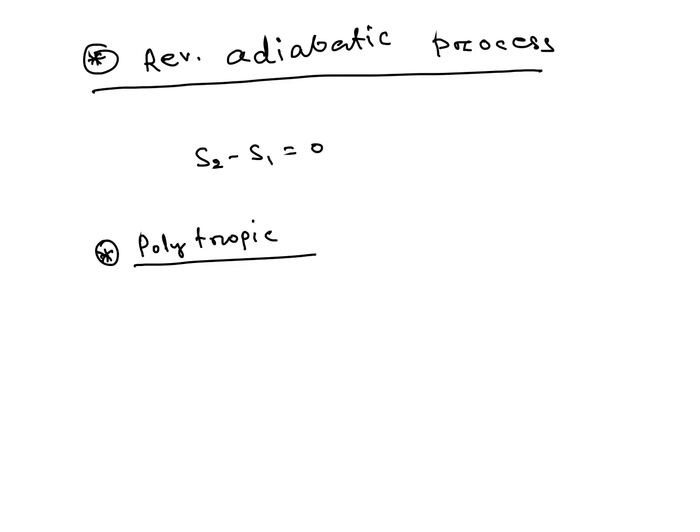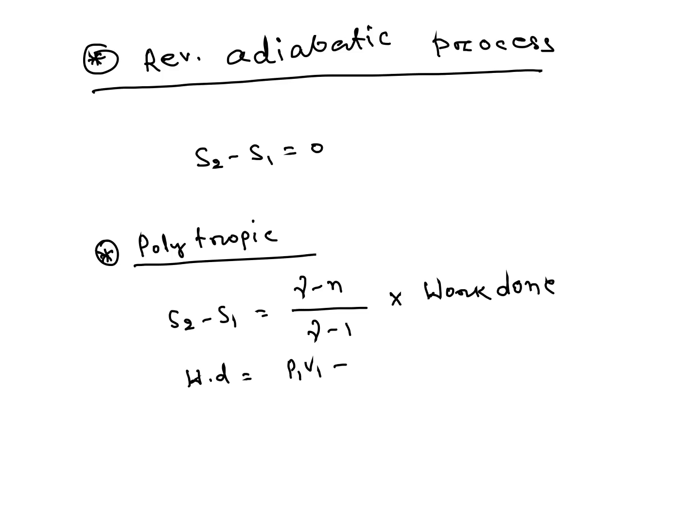And for polytropic process, S2 minus S1 equal to (gamma minus n) by (gamma minus 1) into work done. Work done I already told: P1 V1 minus P2 V2 divided by n minus 1.